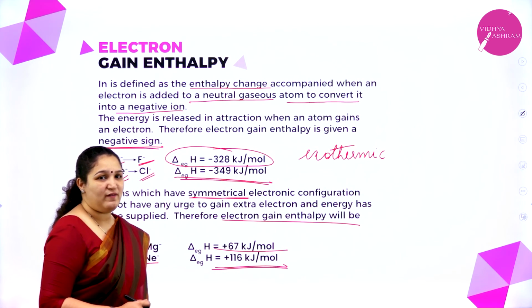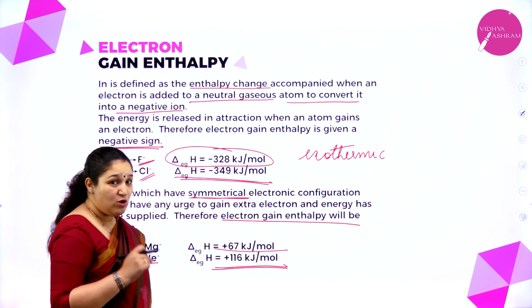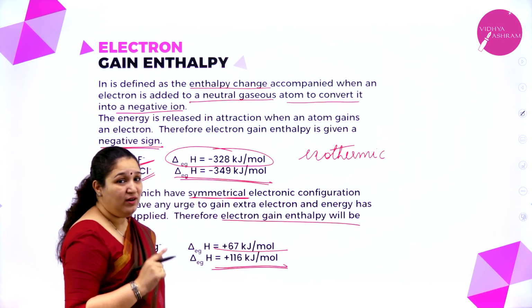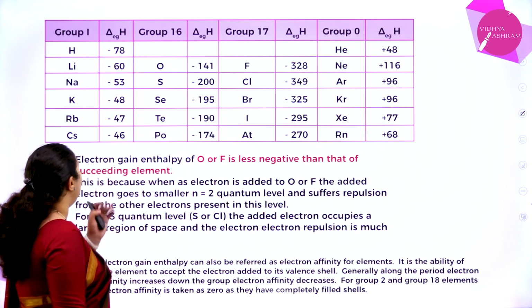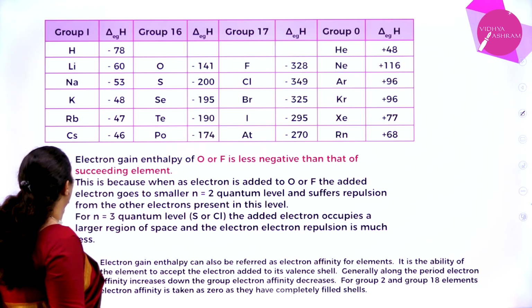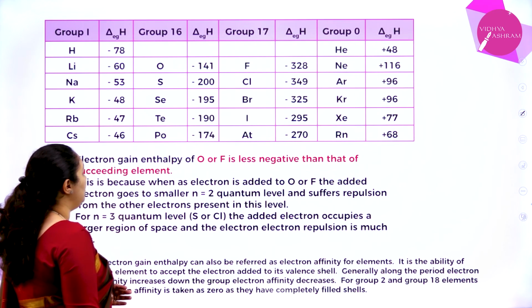Okay, I hope you have understood about electron gain enthalpy. Electron gain enthalpy is also called electron affinity. Here you can see the values of electron gain enthalpy, all in kilojoules per mole.